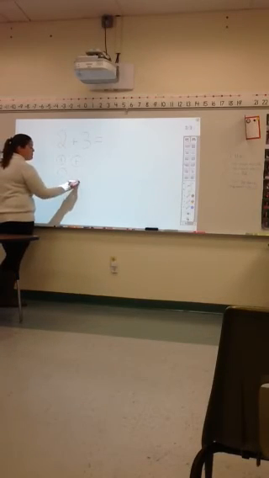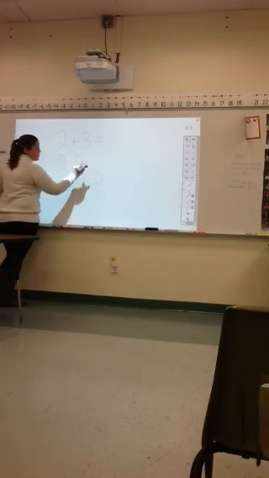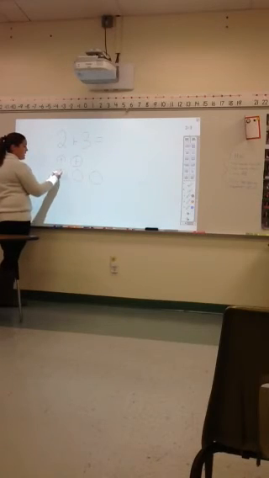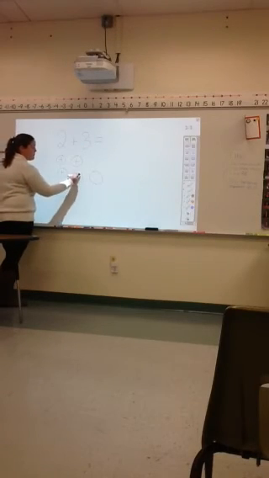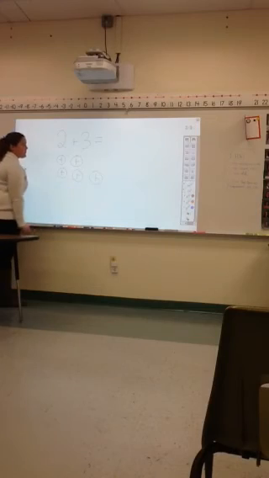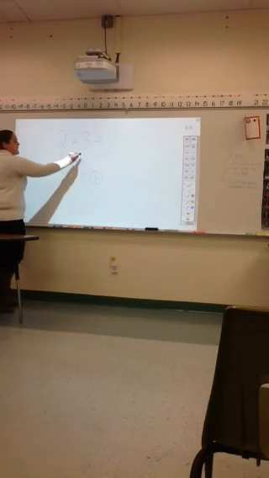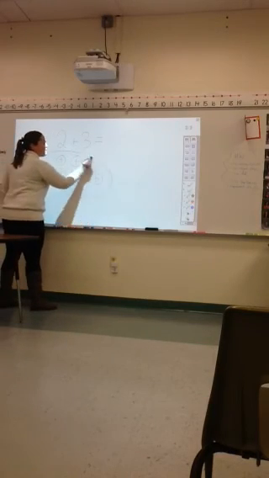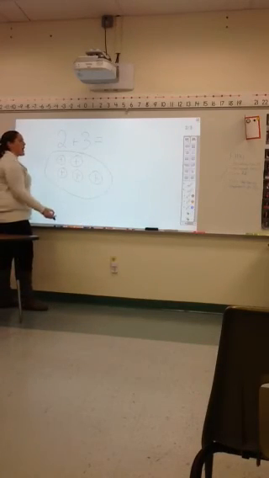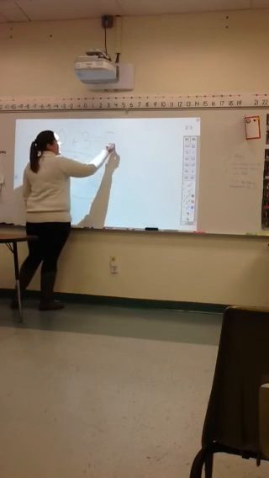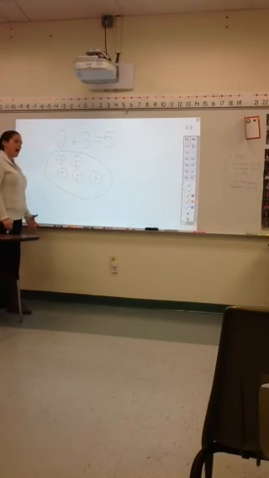I'm going to add 3 chips to represent my second number, and these are also positive. So 2 positive chips plus 3 positive chips are going to equal 5 positive chips altogether, letting me know that my answer is a positive 5.